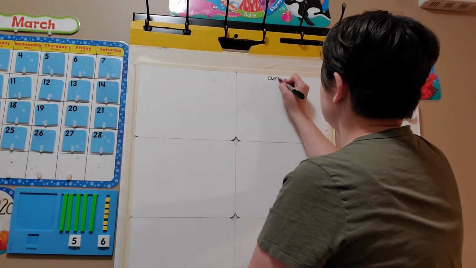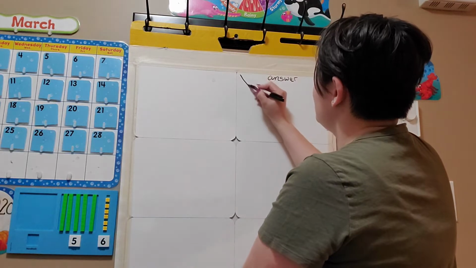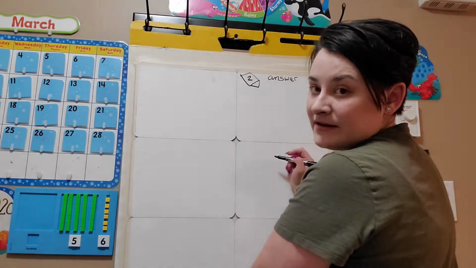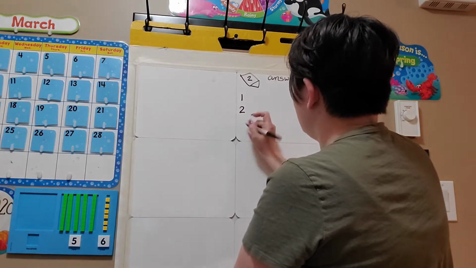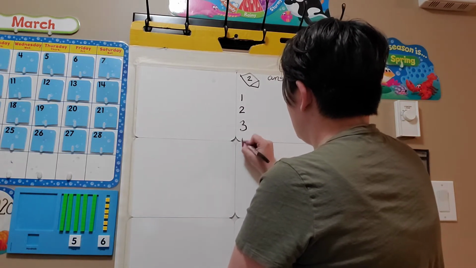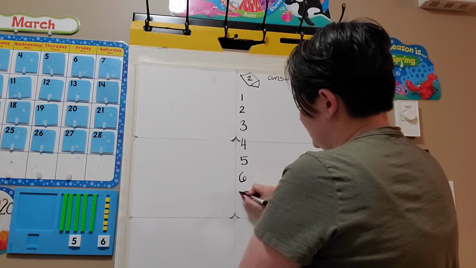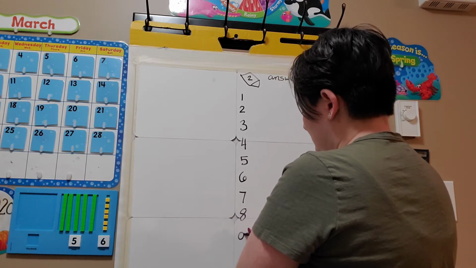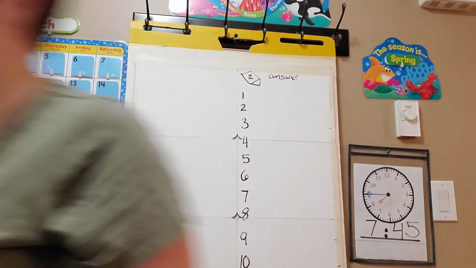Remember, it says answer up here, and there should be a pencil with the number 2 on it, right? So I'm going to number them here. 1, 2, 3, 4, 5, 6, 7, 8, 9, and 10.